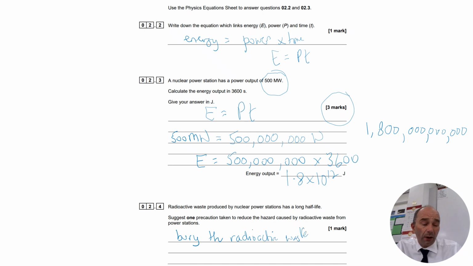You could put the radioactive waste in cooling ponds. You could transport the radioactive waste in secure vessels. It doesn't say where you're going to take it to. Store the radioactive waste in metal containers. Cover the radioactive waste in concrete. Anything along those lines is enough to get you the mark there.